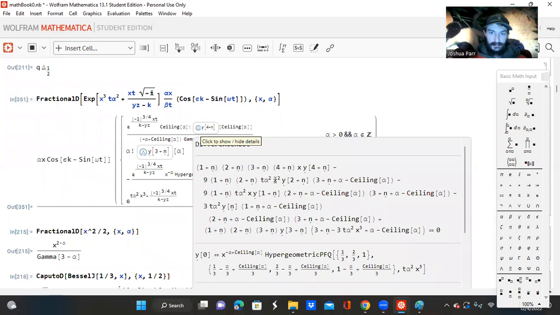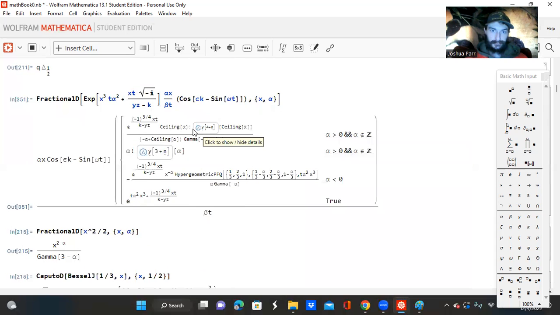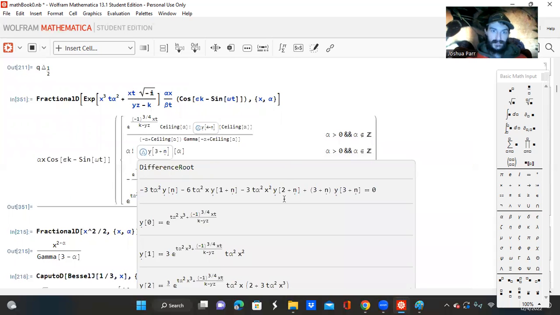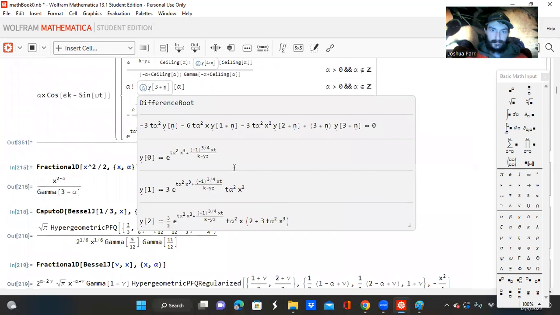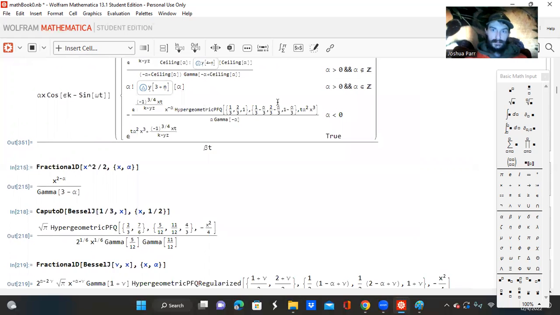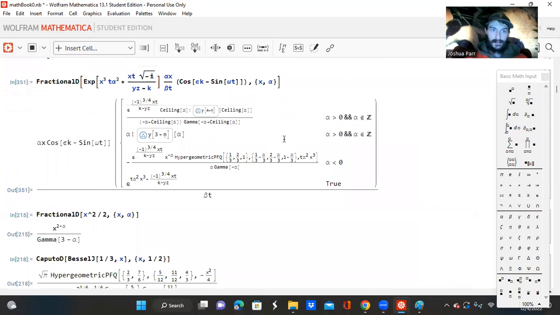It's even got ceilings, difference roots, solves for alpha and x.